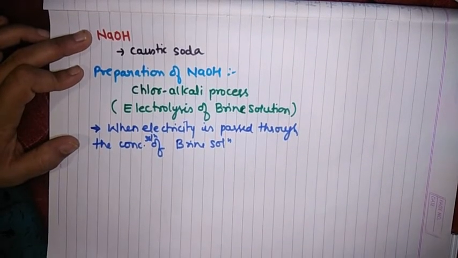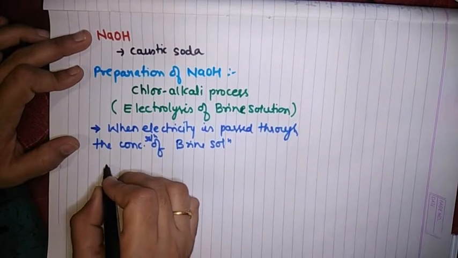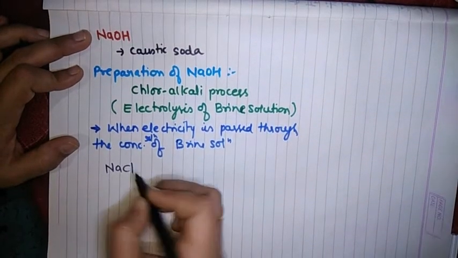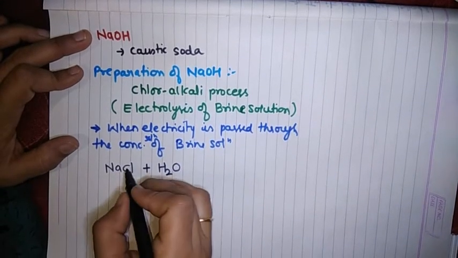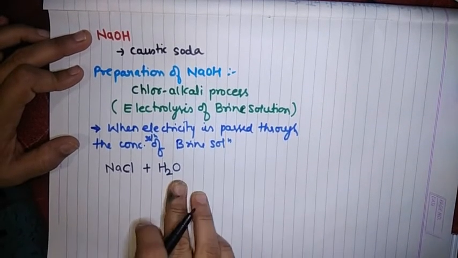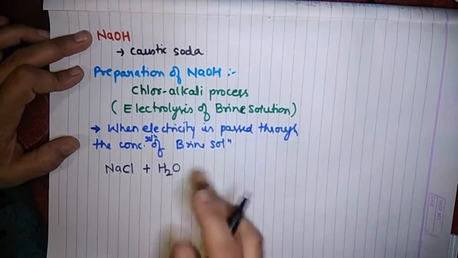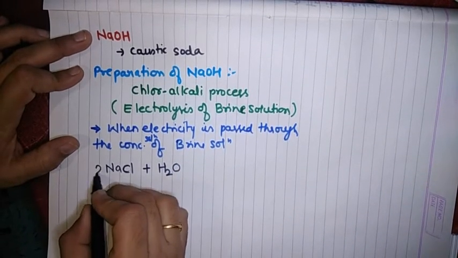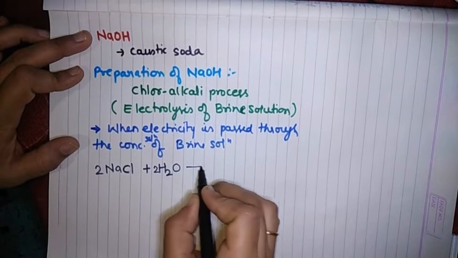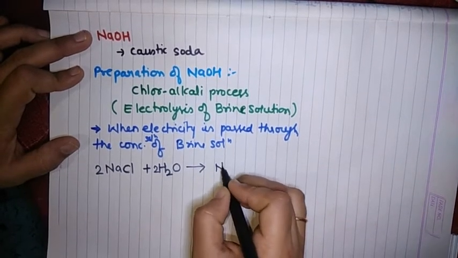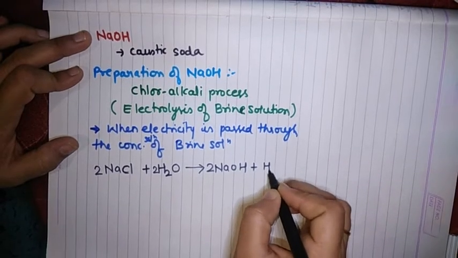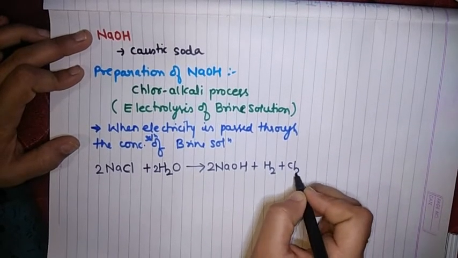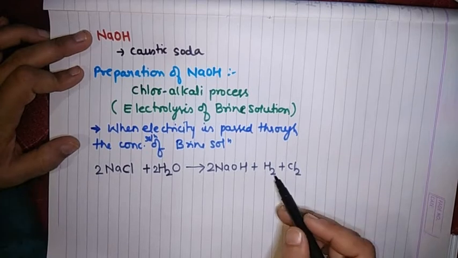How? If you take NaCl and water to make the solution aqueous, and that aqueous solution will be your brine solution, then you will be getting this reaction, that is NaOH plus hydrogen plus chlorine.